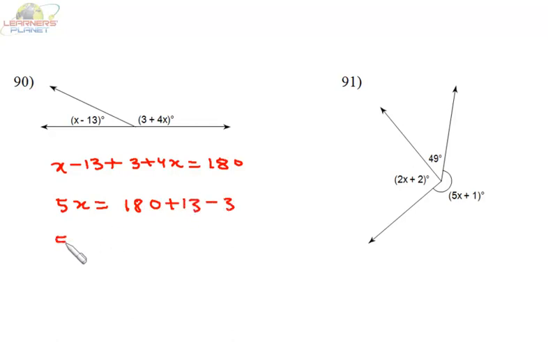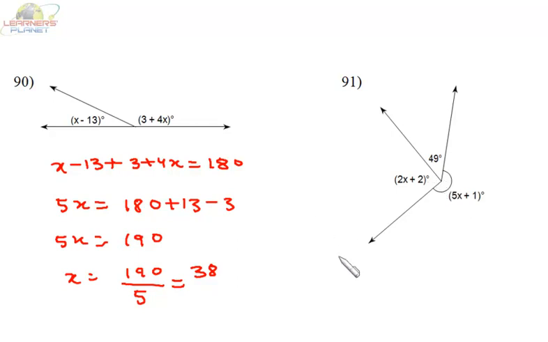So 5x is equal to 180 plus 10, that is 190. So x is equal to 190 by 5, that is 38.